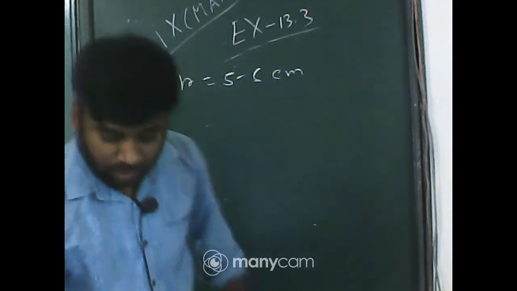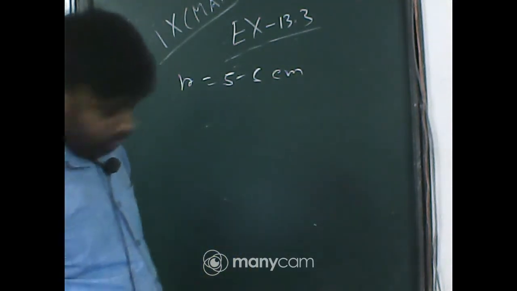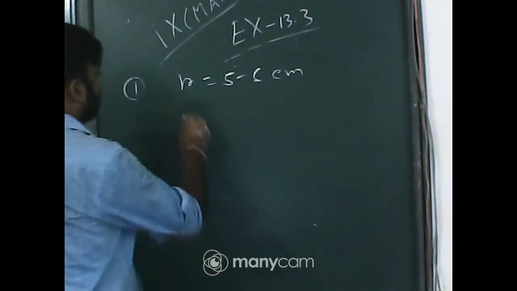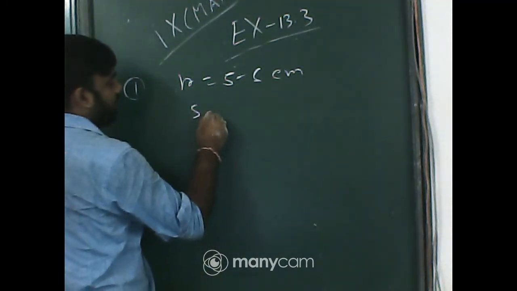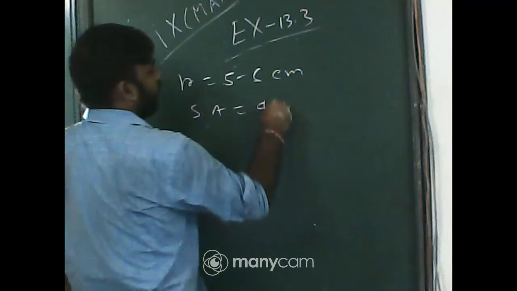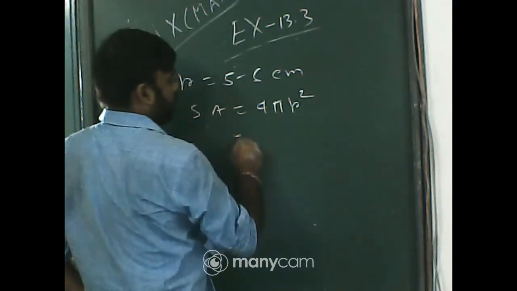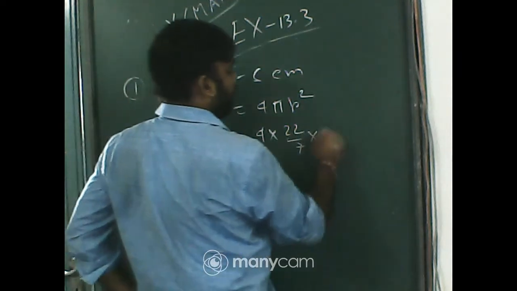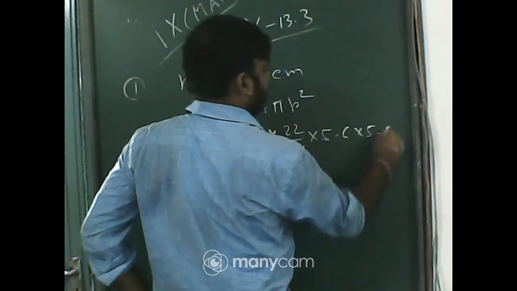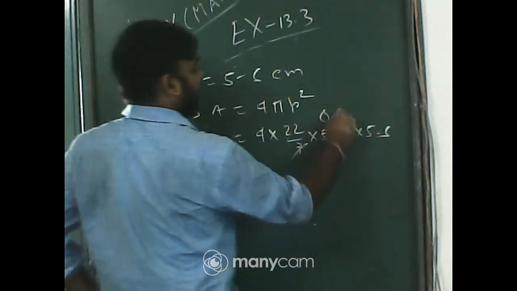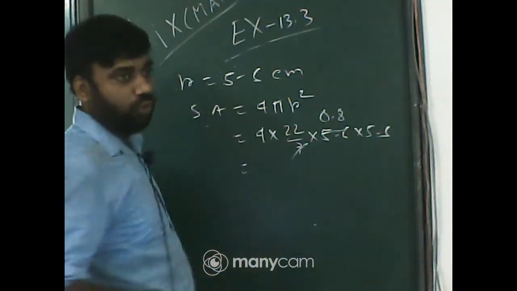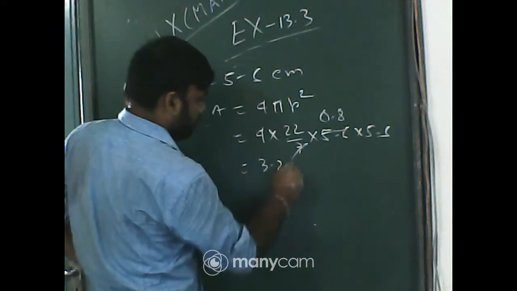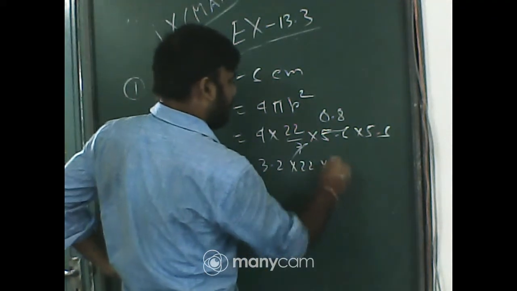Okay, now look at the board. The surface area is 4 pi r square, 4 into pi, that is 22/7, r square means 5.6 into 5.6. Now cut it, that is 0.8. Now 0.8 into 4 is 3.2, into 22 into 5.6.